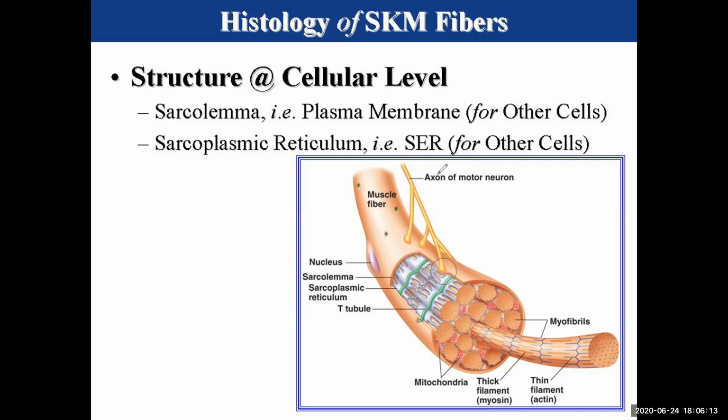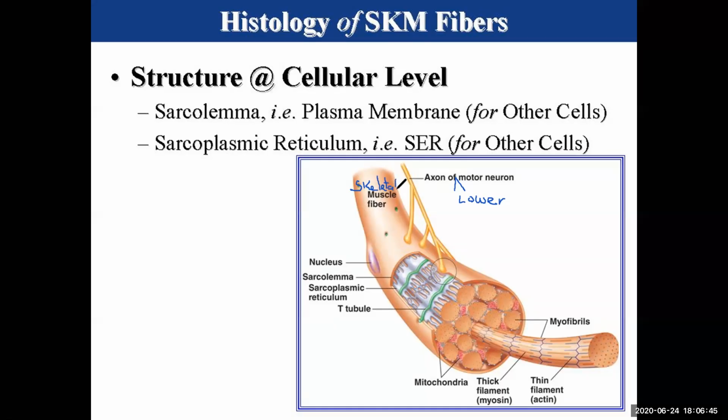So you see here, it says axon of motor neuron. It should have been axon of lower motor neuron, connecting the previous chapter to this chapter. This muscle fiber should have been skeletal muscle fiber or cell.